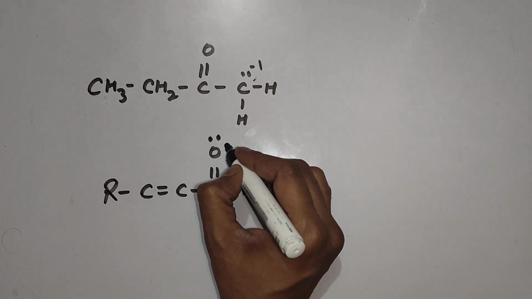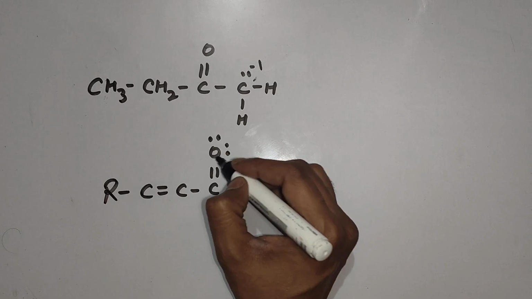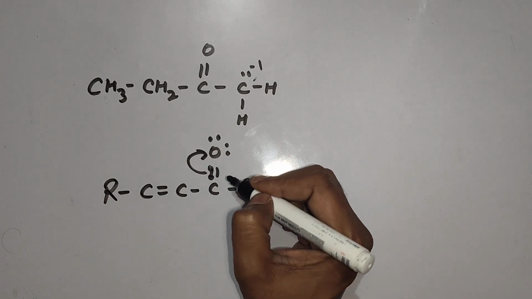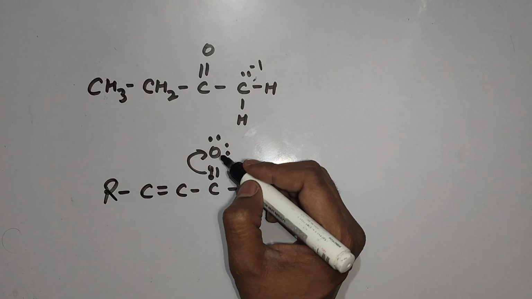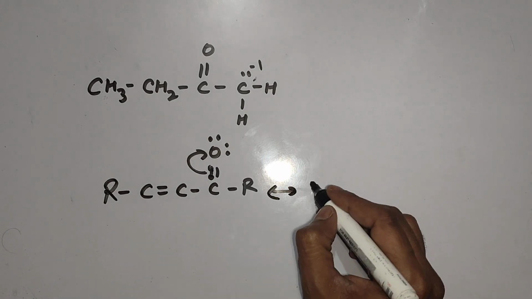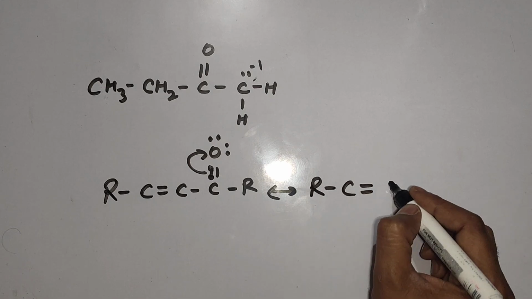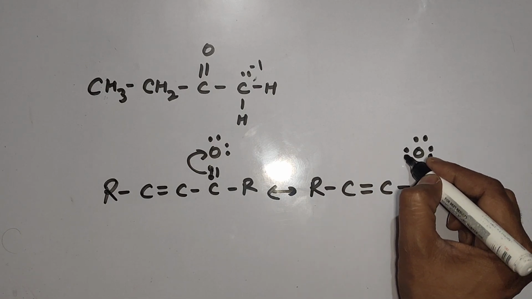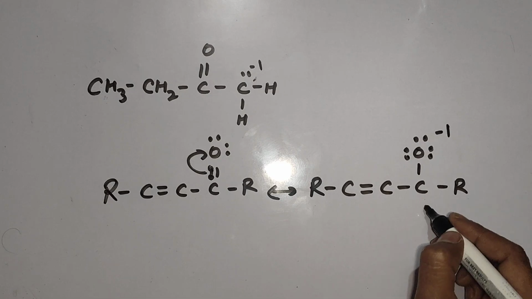How will resonance come here? Oxygen is the most electronegative atom. So don't you think pi electrons will shift toward oxygen? While moving, we know what resonance is, movement of a pi electron, that I am going to perform here. So the next structure will be this.